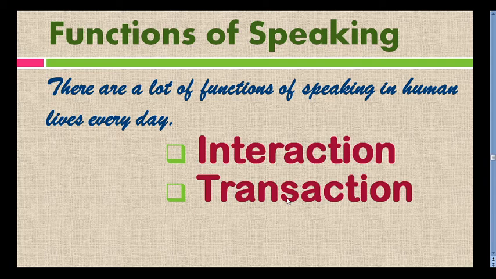For example, the classroom teaching learning process, group discussion, shopping, making a telephone call, ordering food from a menu in a restaurant, etc. are examples of speaking as a transaction of information.